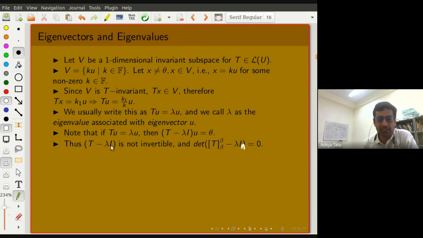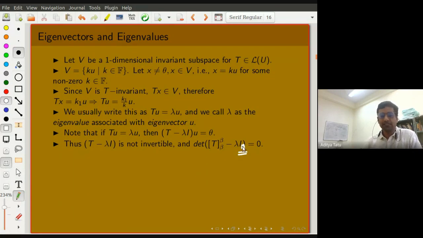Remember, this I and this I are different. Here this is the n by n identity matrix. Remember, the identity operator in any basis will have a matrix representation that is just the identity matrix. So it's something that I already assumed. I hope it is okay.